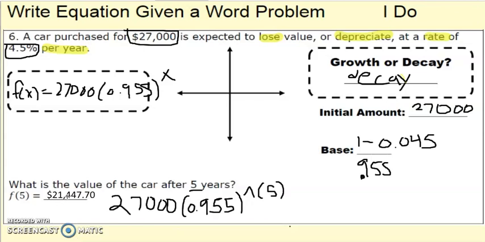Based on this formula, the value of the car is expected to be around $21,447.70. If we're to draw a graph of this, it would be decaying with the original value at 27,000.